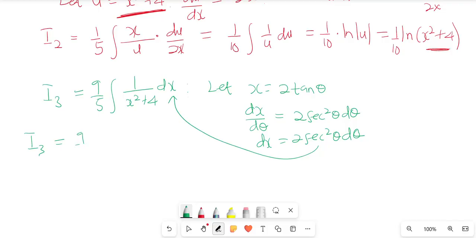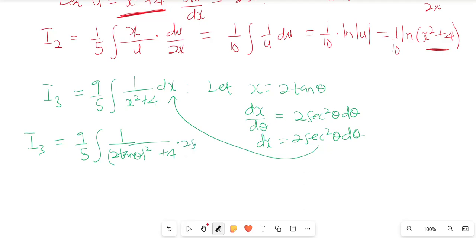So I3 should be equal to 9 over 5 integral of, I'm sorry about that, this is integral of 1 over x squared, x is 2 tan theta squared plus 4, times dx.